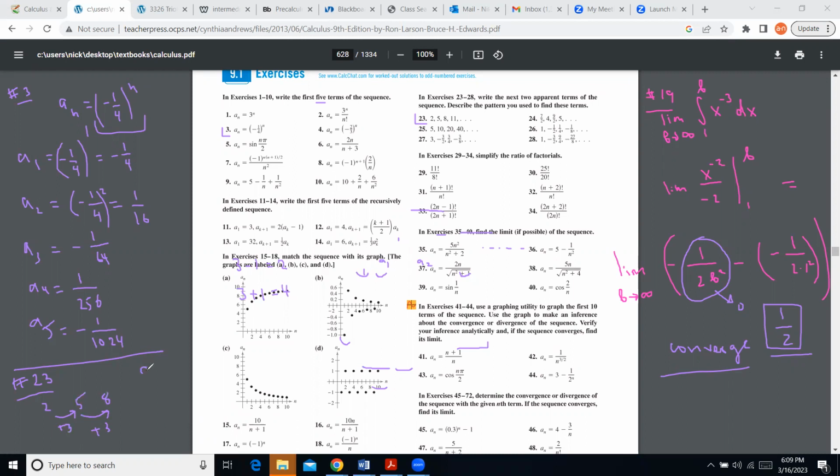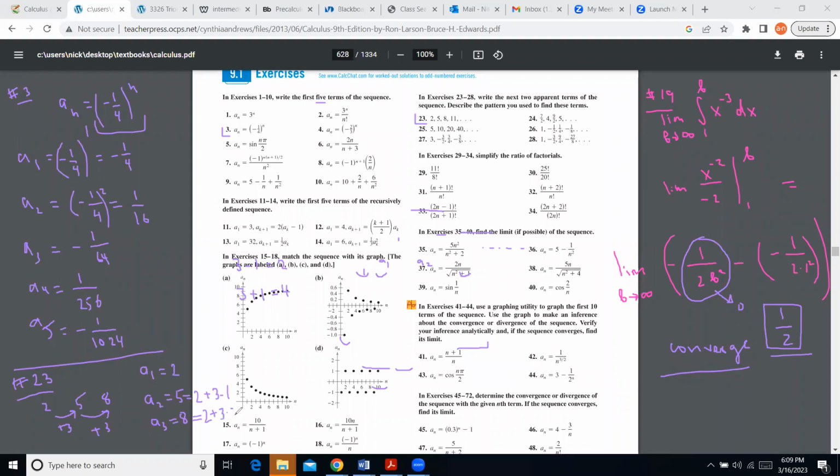So for the first term, I can say it's number 2. Then for the second term, which is 5, I can think of 2 plus 3 times 1. For the third term, which is 8, I add again to 2, but with 3 times 2.